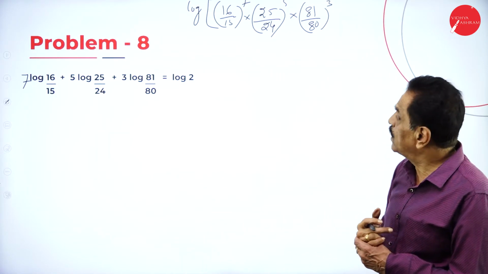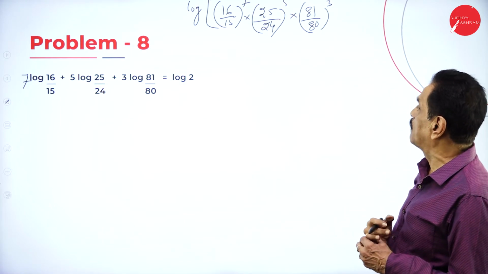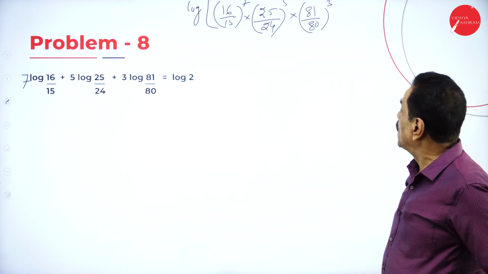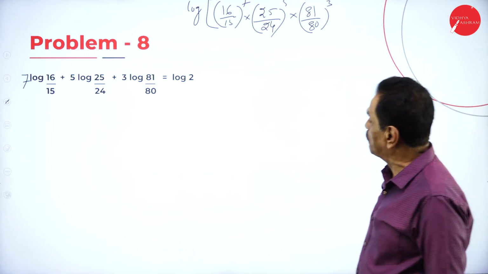Simplify. 16 divided by 15 to the power of 7, 25 divided by 24 to the power of 5, 81 divided by 80 to the power of 3.